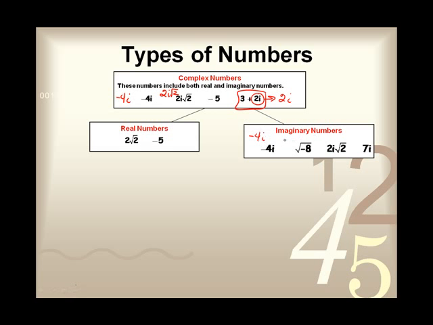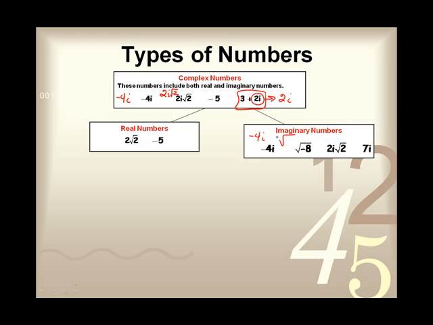But if it also is a square root and it has a negative number underneath that square root, that is also an imaginary number. So like the square root of -8, that's imaginary. Again, it has to be a square root or a fourth root. If it's a third root or a fifth root or anything like that, those would not be classified as imaginary.